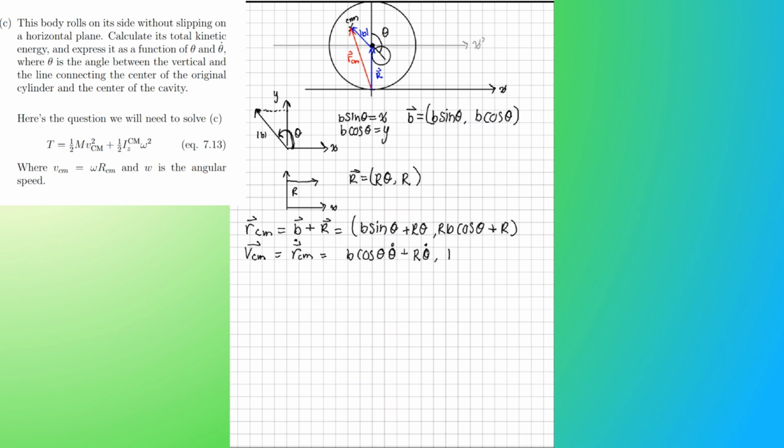Okay, so this is minus b sine theta dot. Okay, and we need v squared, which is equal to this. So here, when we're going to square it, there's going to be a cos square and there's going to be a sin square.